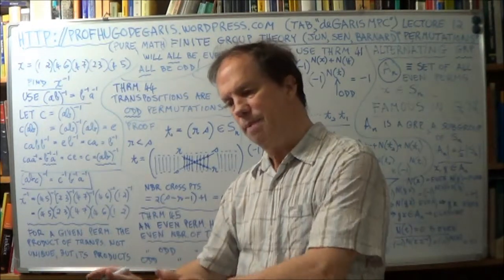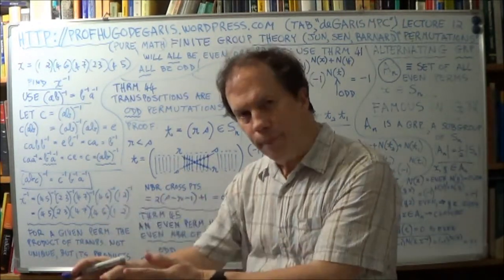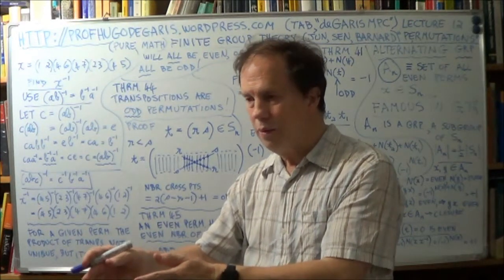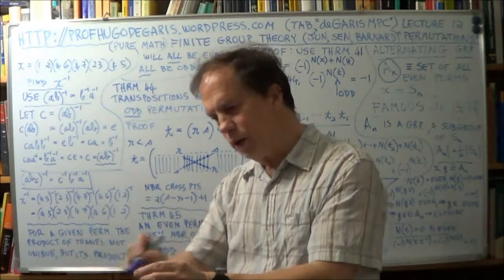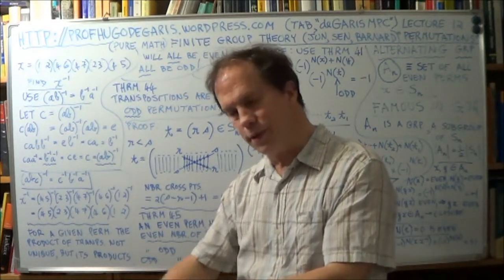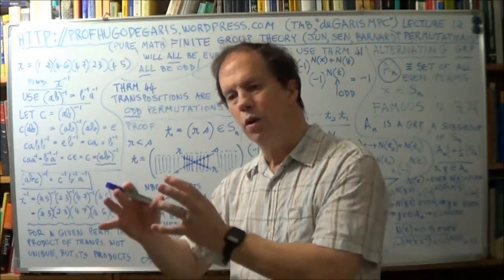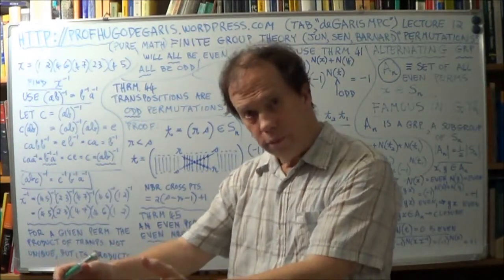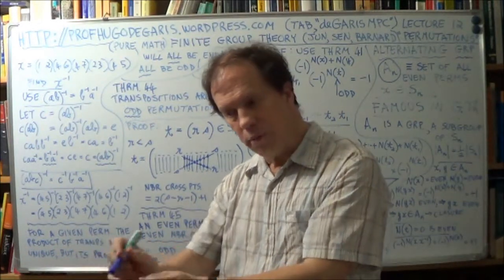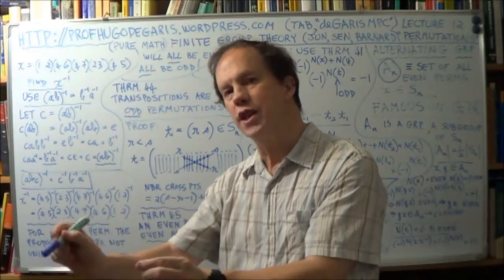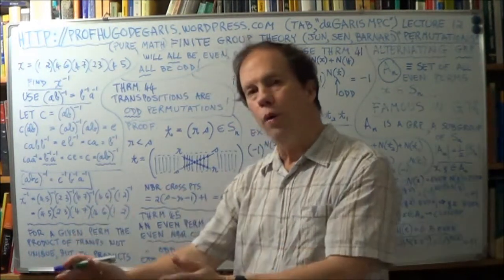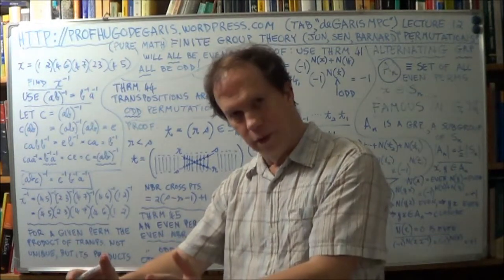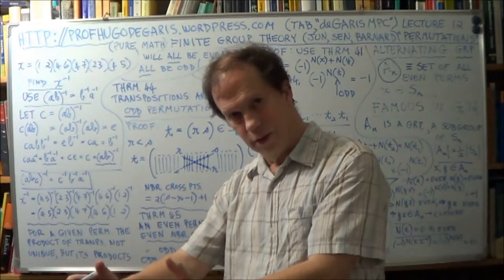Now, interestingly, if you look at each of those products of transpositions, they will either be all even, meaning an even number of transpositions, or they will all have an odd number of transpositions.